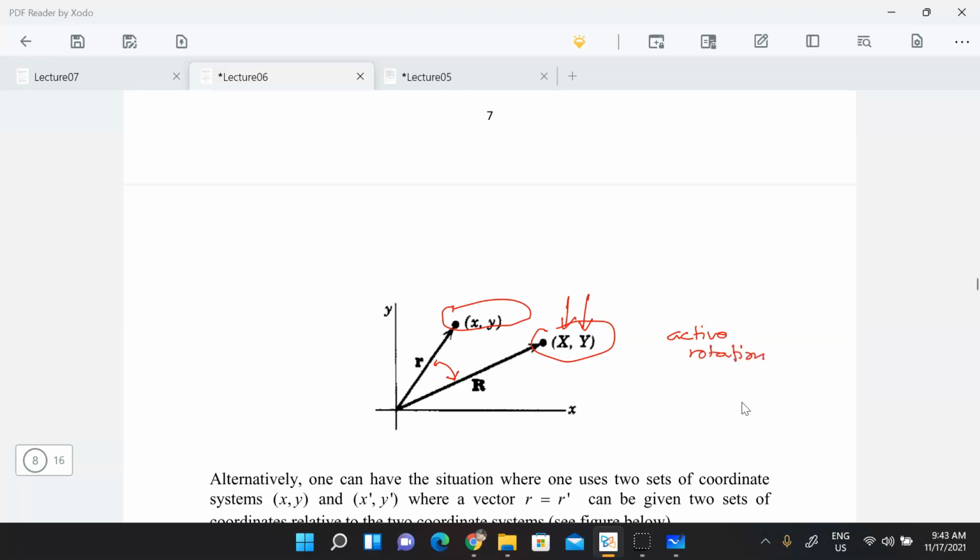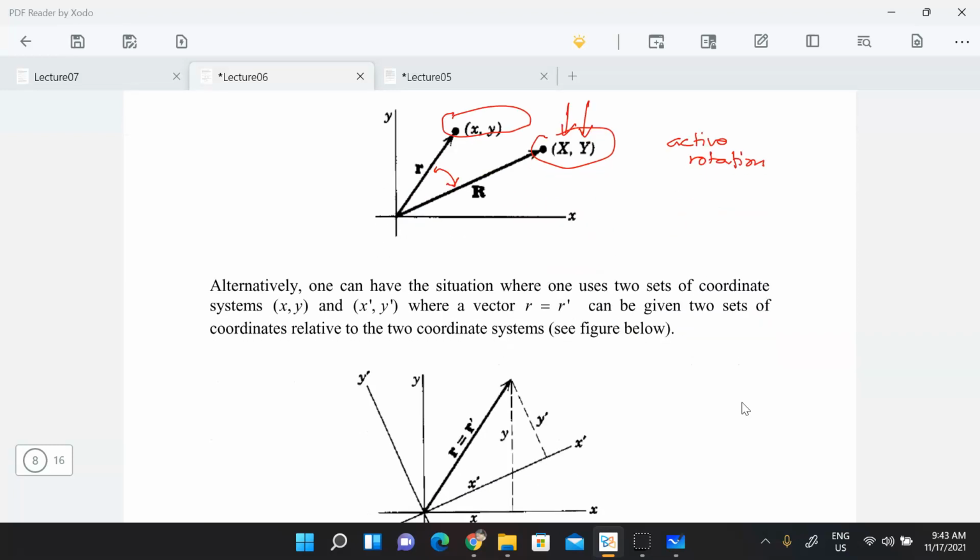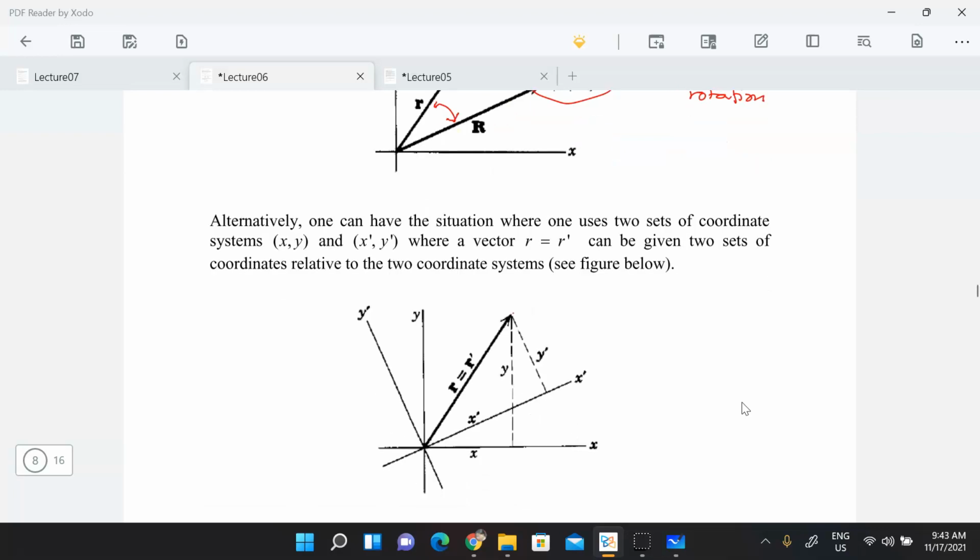There is another way of doing this rotation. Instead of transforming a point to a different point, you look at one single point in the context of two different coordinate systems. The ordinary coordinate system is this one, x and y, which gives you the position vector r.